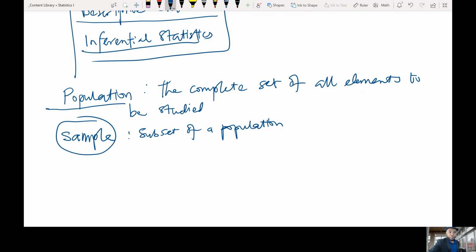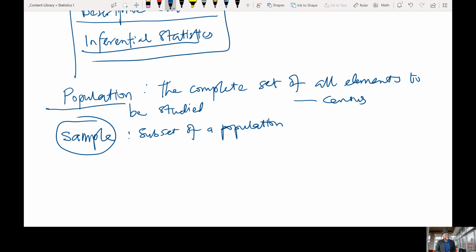Now, from a population, we can conduct a census to get information from all the population. That's pretty expensive. We don't want to conduct a census. But our sample is simply a subset of the population. Okay. So I hope you all are following online and also those who are in the classroom here.